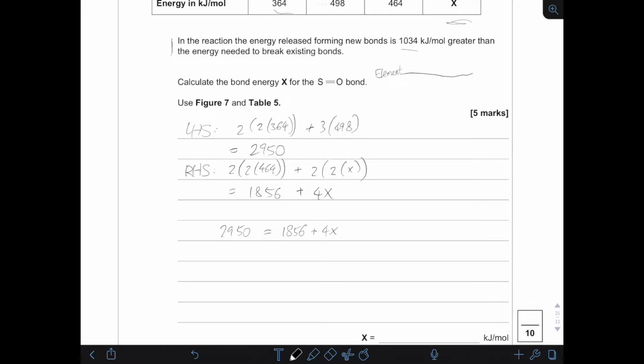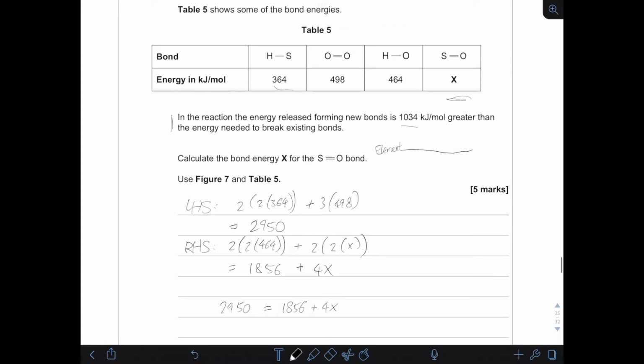So all the individual elements, oxygen atom, hydrogen atom, sulfur atoms, those are defined as zero energy. So to form a bond, it releases energy. To form an O2, for example, that's minus 498 kilojoules per mole.